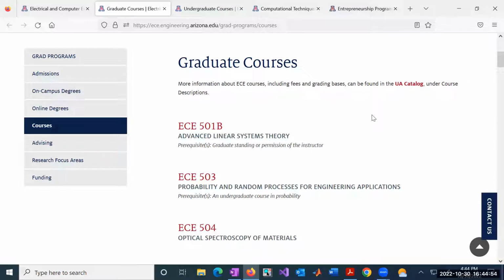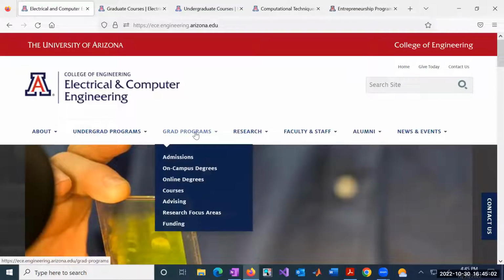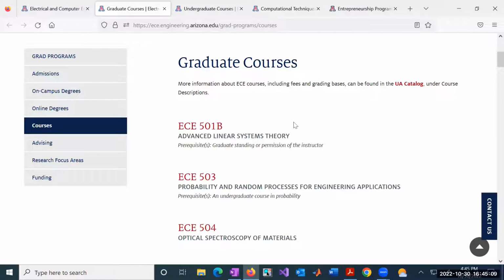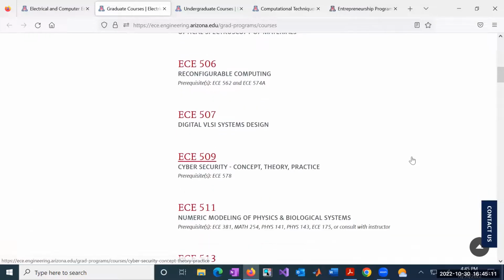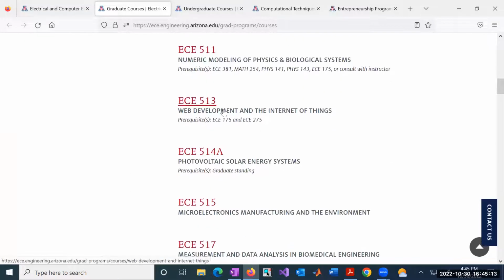As you will see, you may want to broaden your perspective. In addition to 400 level or senior level classes, you might be interested in taking graduate level courses. And again, you can find those course syllabi by looking under our grad programs courses link, and that will take you here. Now you can look at, for example, web development and the Internet of Things, being a dual numbered class, 413, 513.